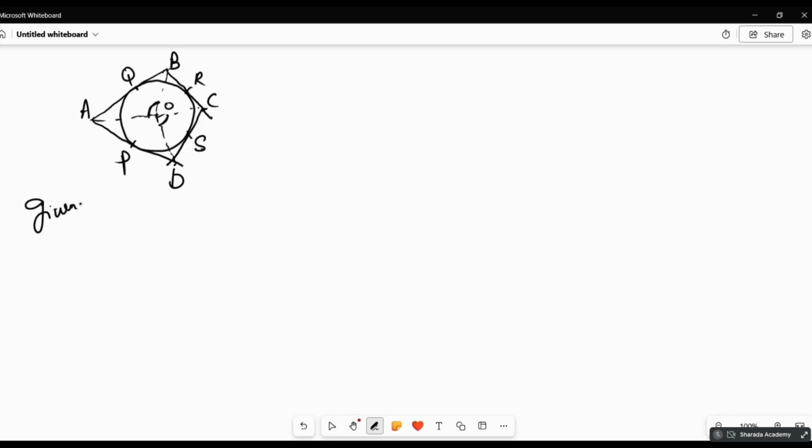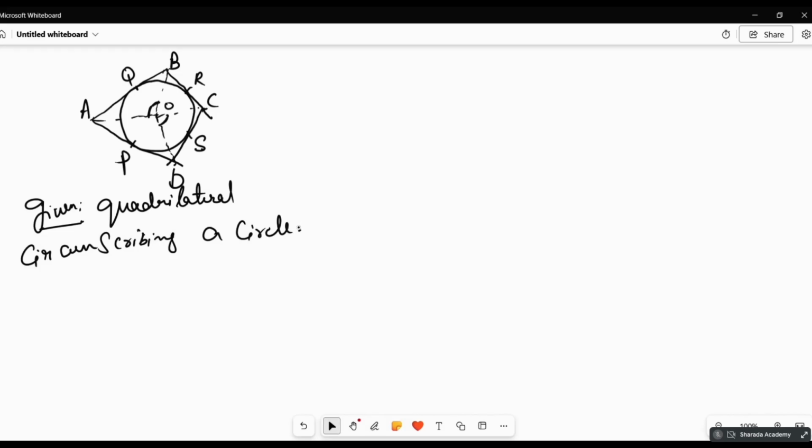Given: a quadrilateral circumscribing a circle. So the quadrilateral we name as ABCD, and the points where the circle and the quadrilateral touch are the points of contact.